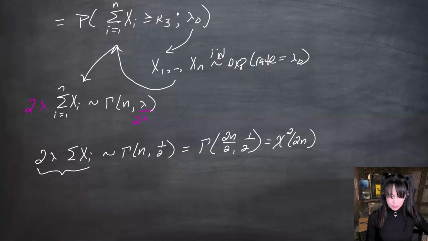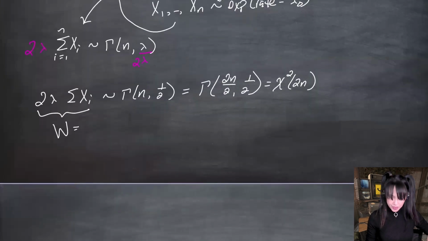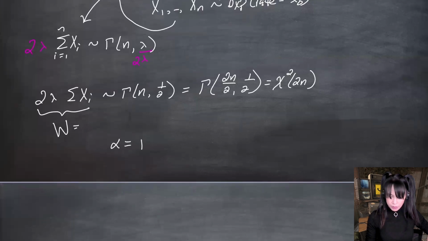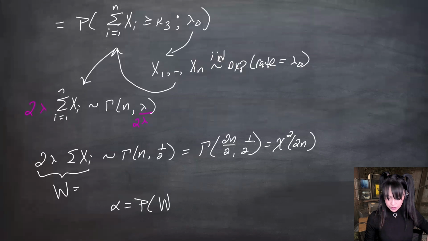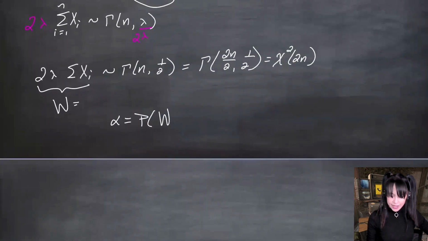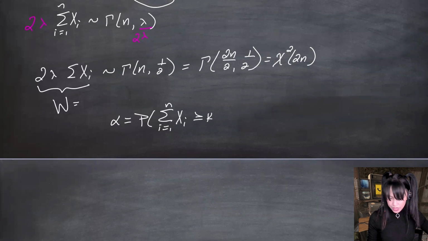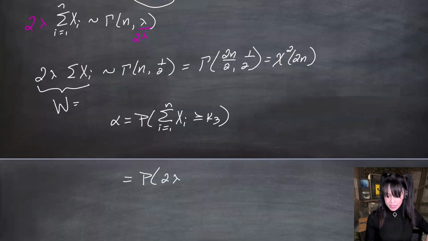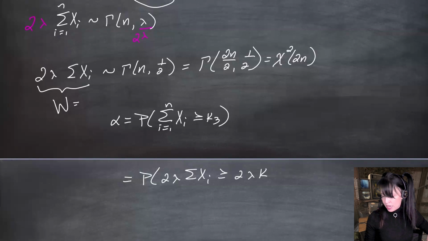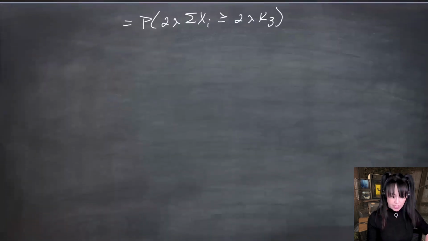So let's call this W. Let's just define that. Alpha is going to be the probability that W... Sorry, I can't do that yet. Alpha is the probability that the sum as i goes from 1 to n of the xi is greater than or equal to k3. This is the probability that 2 lambda sum of the xi is greater than or equal to 2 lambda k3, and nothing flips because the rate parameter for the exponential is definitely positive.